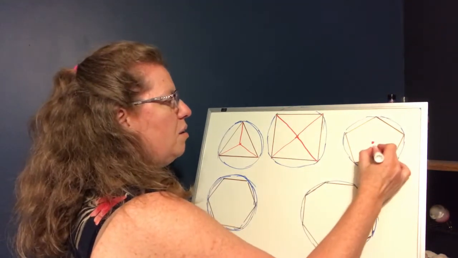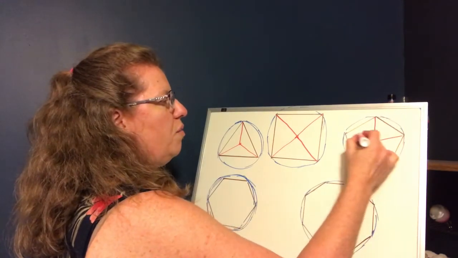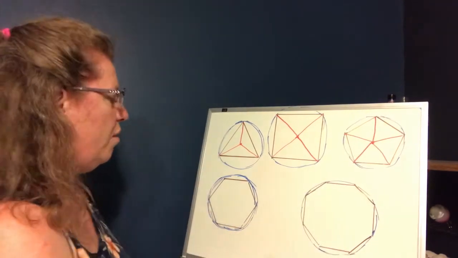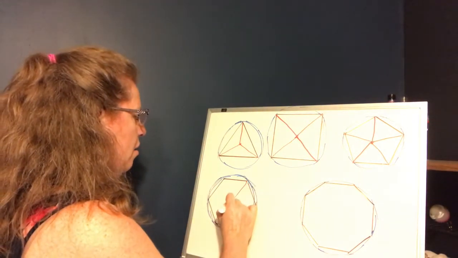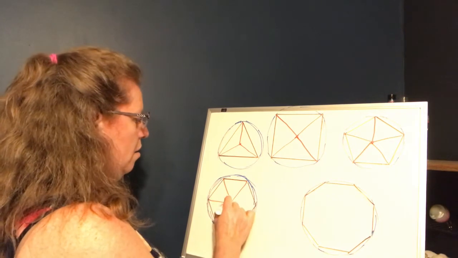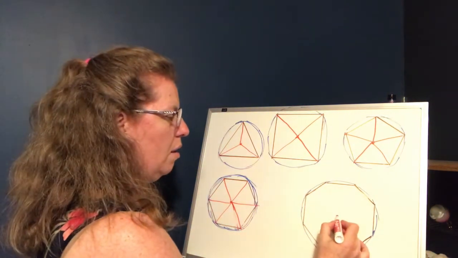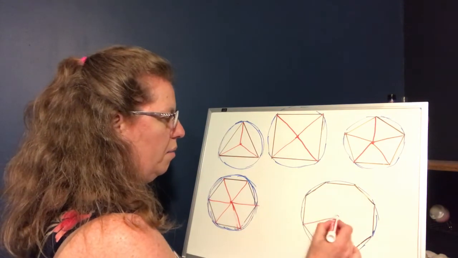Here's my center. Again, the radius goes to each vertex of the polygon. I think I missed that one. There we go. And our octagon here.